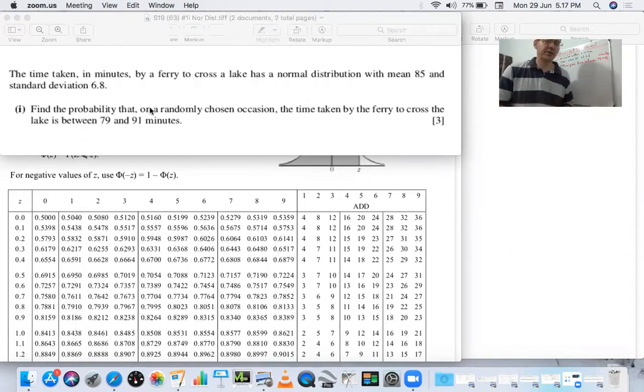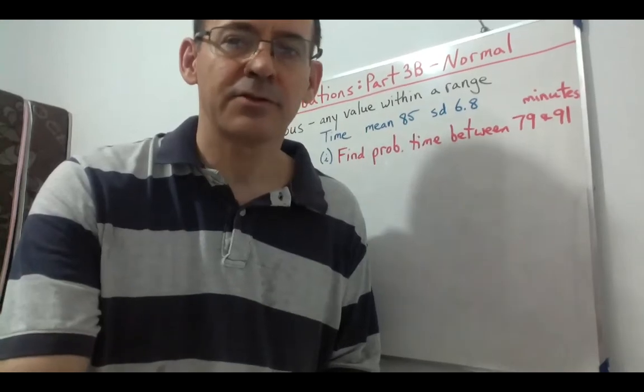So this first part of the question says, find the probability that on a randomly chosen occasion, the time taken by the ferry to cross the lake is between 79 minutes and 91 minutes. Okay, so that's what we want to look at there. Let's go back to the board.